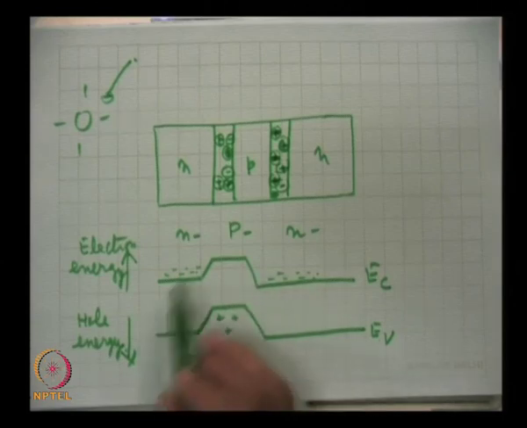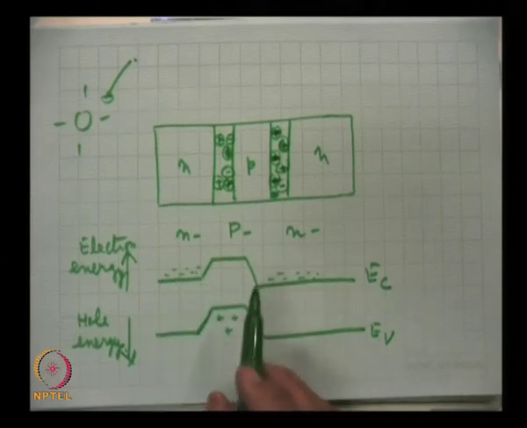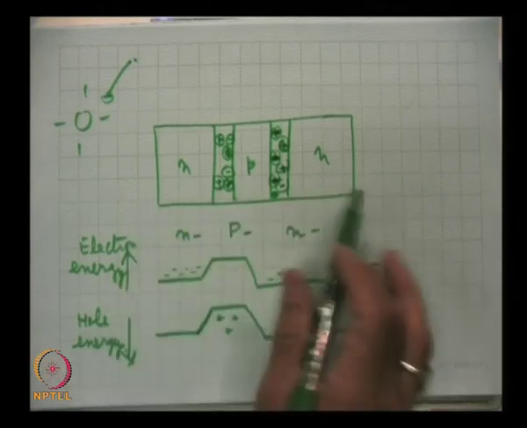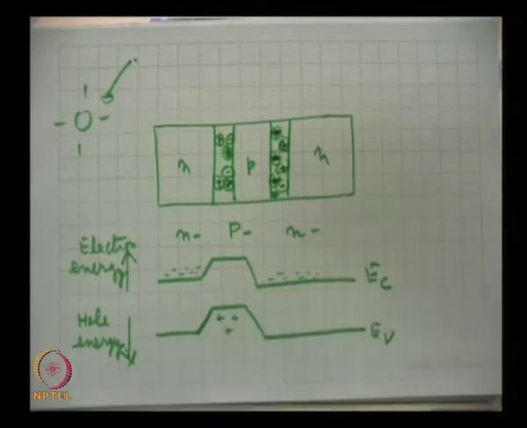So, this is the picture of the NPN transistor in equilibrium when there is no external field applied to it, and this is how the junction remains formed. Now, what will happen when we bias the transistor?